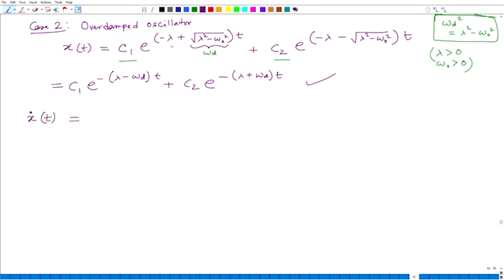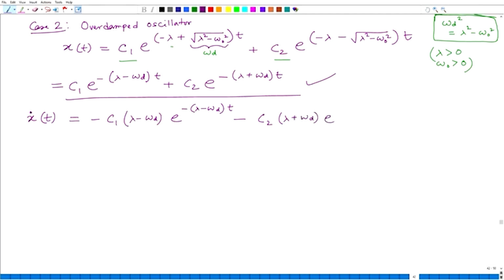That will be simply d/dt of this quantity, which will be minus C1 (lambda minus omega d) e to the minus (lambda minus omega d) times t, plus, there will be another minus which will come here, so I again take this minus over here, C2 (lambda plus omega d) e to the minus (lambda plus omega d) t. So this is the d/dt of the displacement.